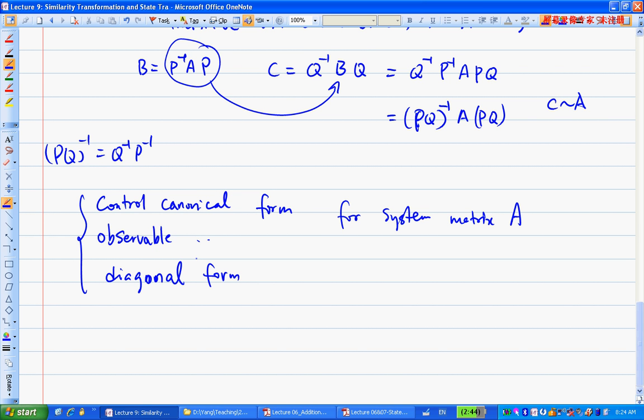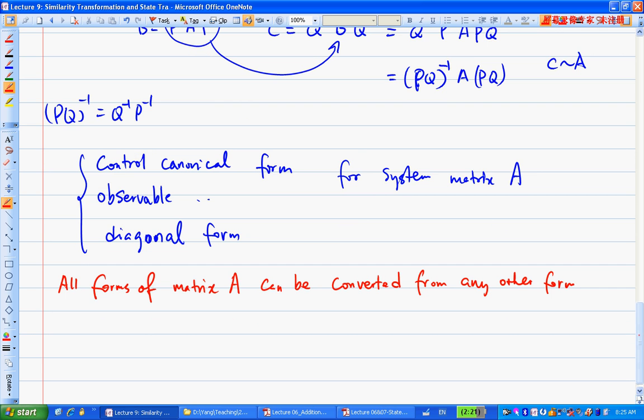So the conclusion here is: all forms of matrix A can be converted from any other form by similarity transformation.